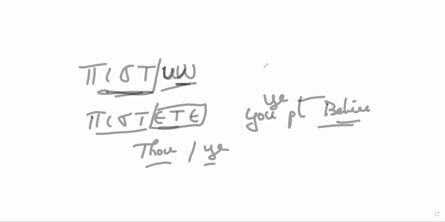They believe would be pisteuousi, right? Usi, they believe. So the point of the matter is it's o ace a amen ete usi. And once you have that, you're pretty good with learning a lot of the language. You know, one of the words that really fascinates me is this word.